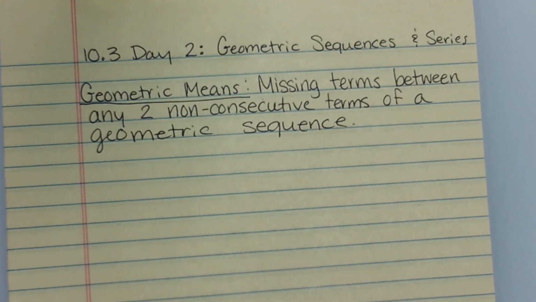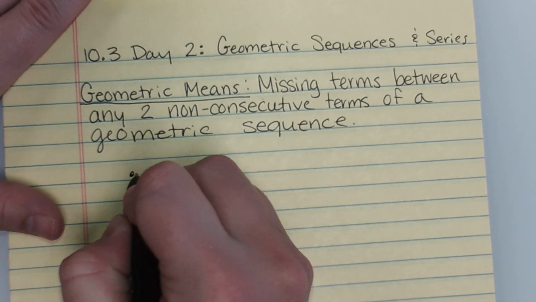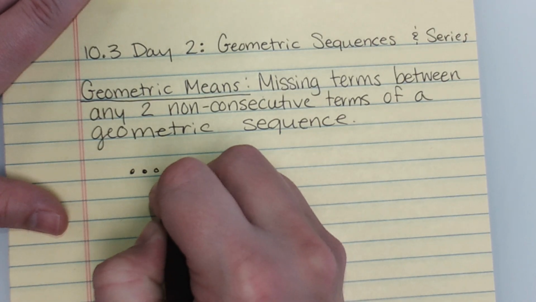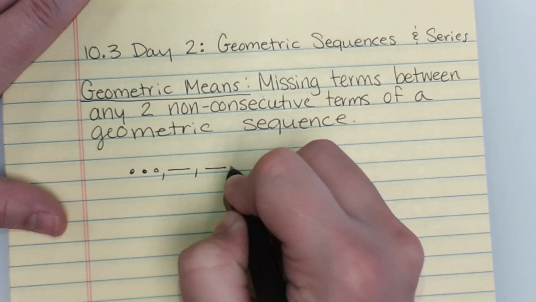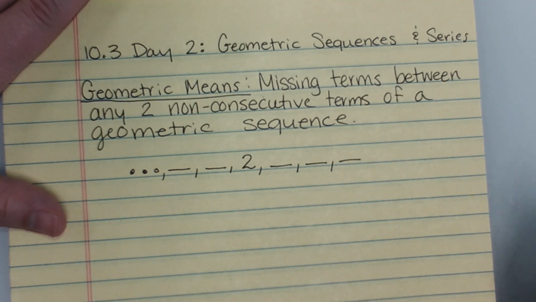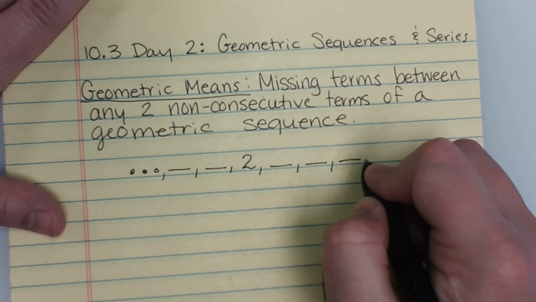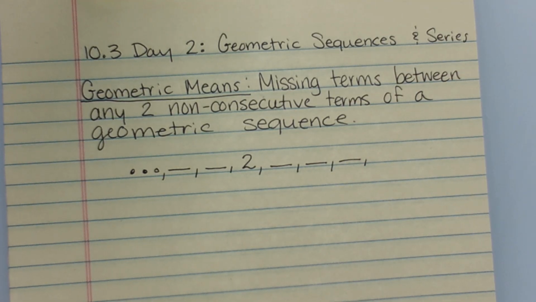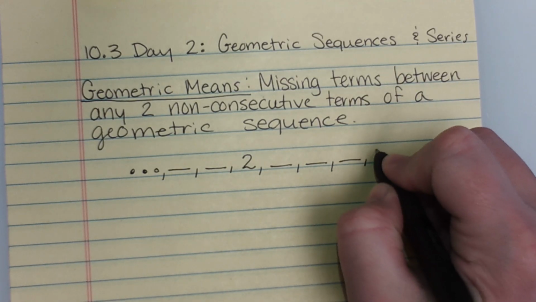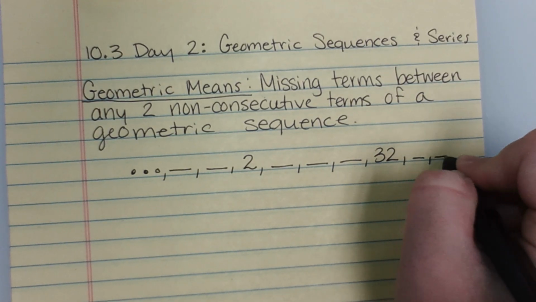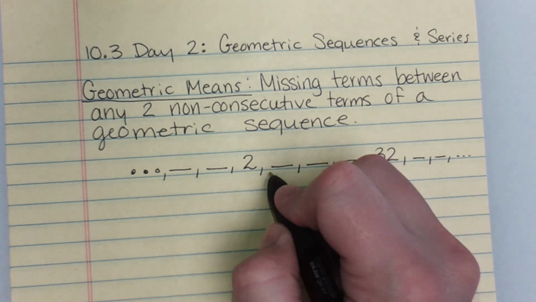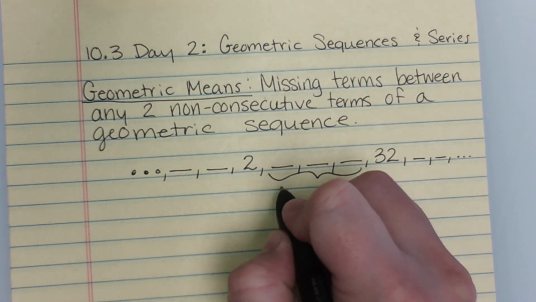Now, just a reminder, when it comes to our geometric means, we don't know where they are in the sequence. We just know that somewhere along the way, we know what a number is, and then all of a sudden we know something else. Those missing ones, those ones between, are the geometric means.